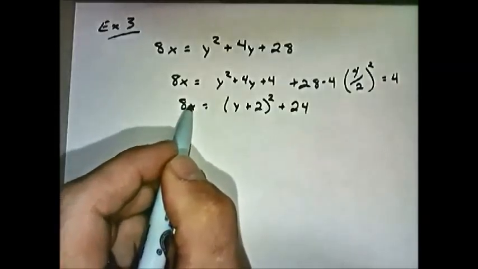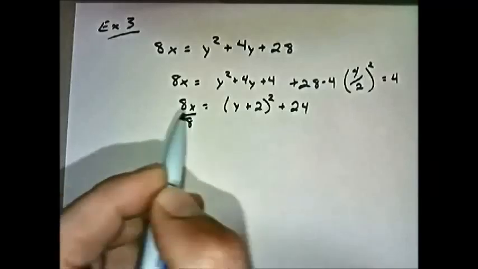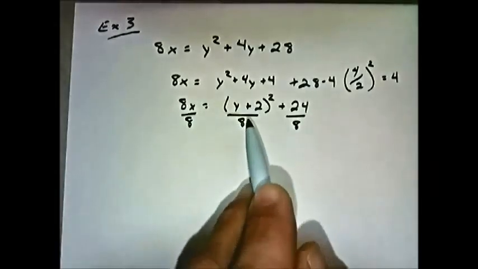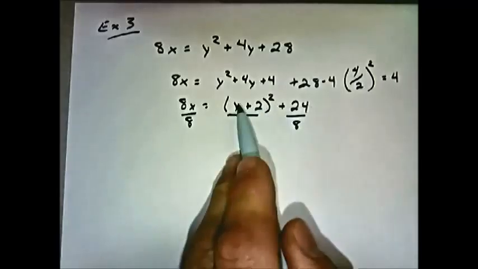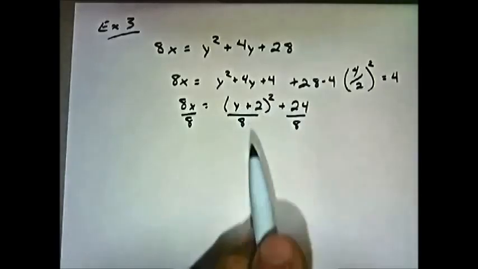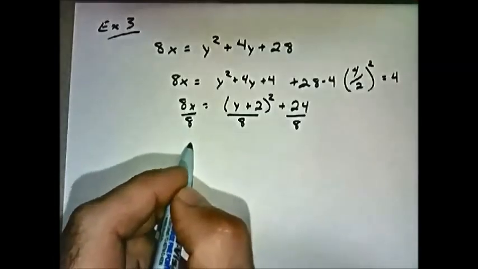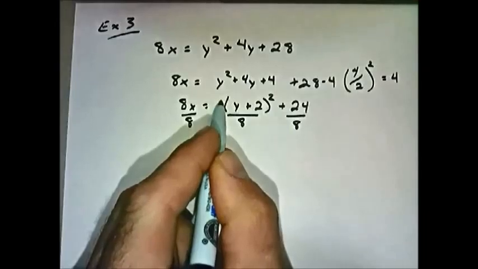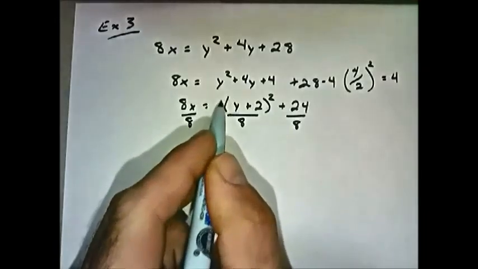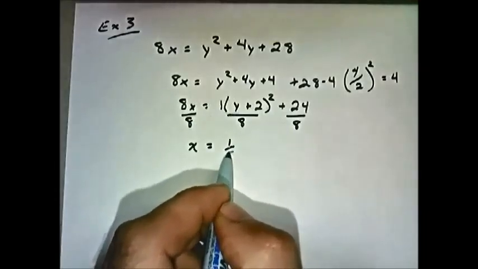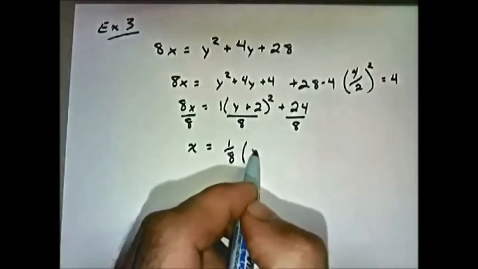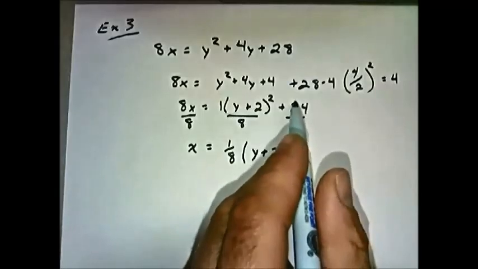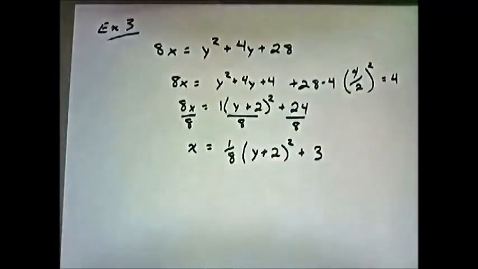Since 8's being multiplied to x, we can simply divide 8 on both sides, remembering to divide 8 to both of our quantities or terms on the right side. So simplifying, we have x equals, there is an imaginary 1 out there that's understood. So we have 1/8 times y plus 2 squared plus 24 divided by 8 gives us 3.